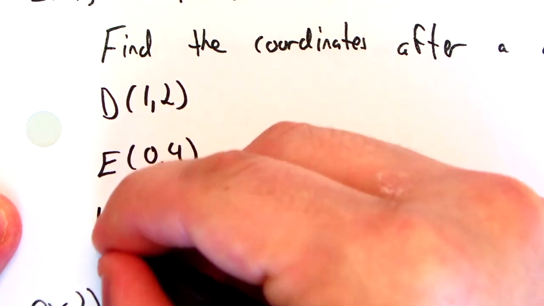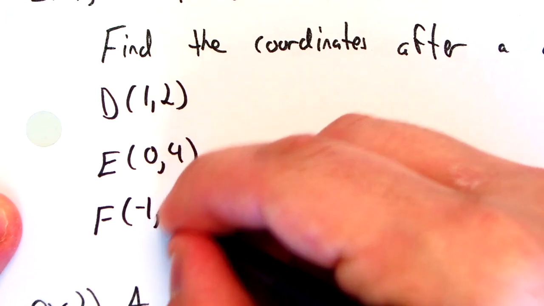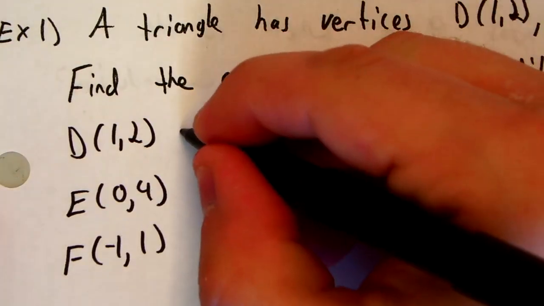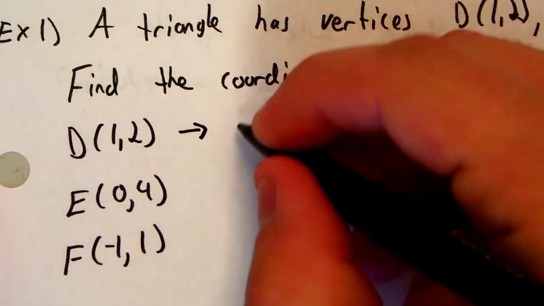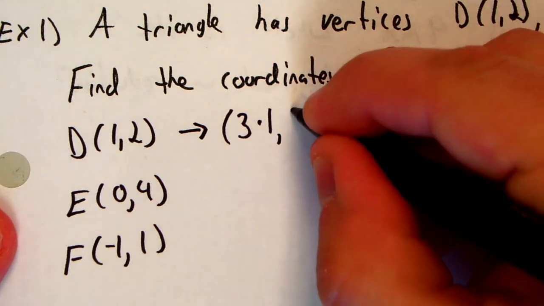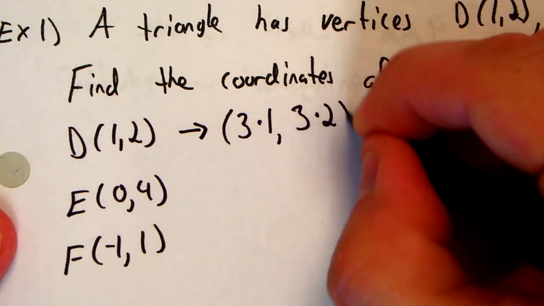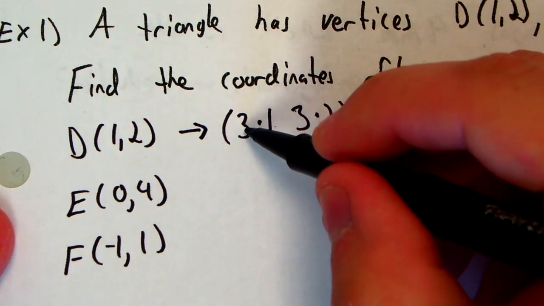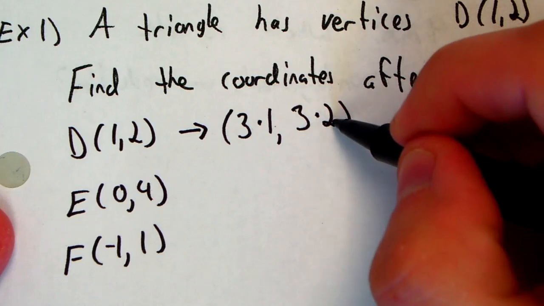And F was (-1, 1). Now our scale factor is 3, which means that I'm going to multiply each part of this ordered pair by 3. So the x was originally 1, multiplied by 3. The y was originally 2, and I multiplied that by 3.